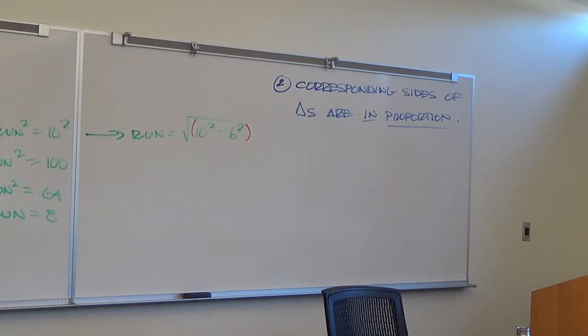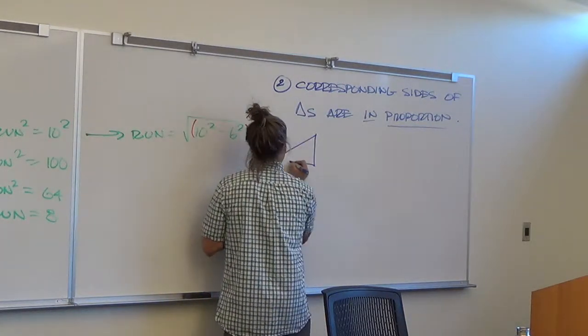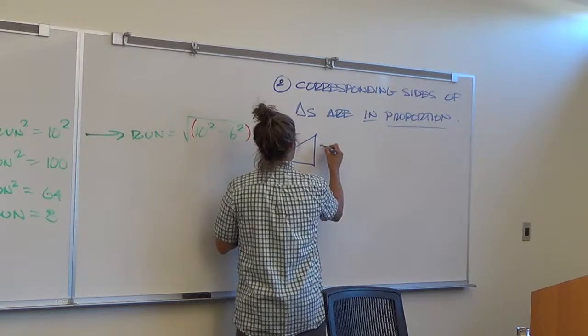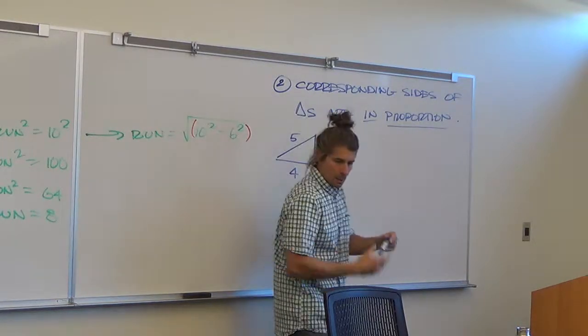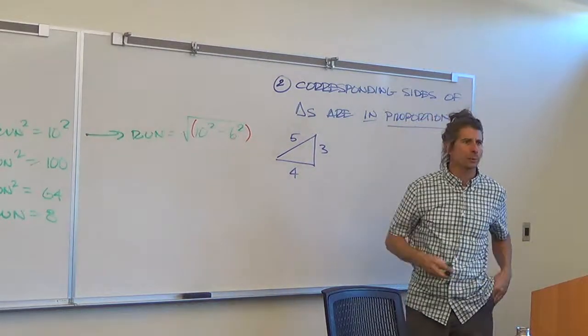Okay? So let's break down what that means with our example of the 3, 4, 5, and the 6, 8, 10 triangles. Let's make sure we can see those proportions. So, is the blue one little? Yeah, the blue one's little. Okay, 5, 3, 4. And you have to realize you can have these triangles stacked any way you like.